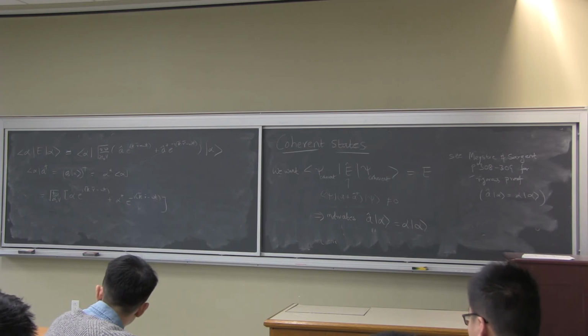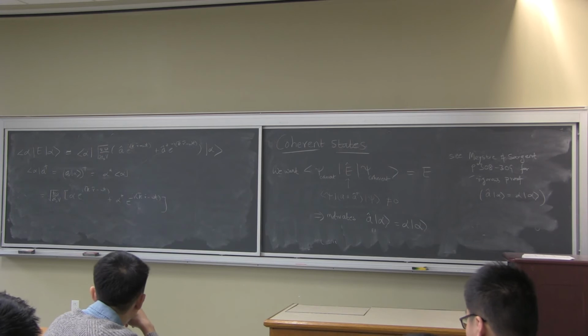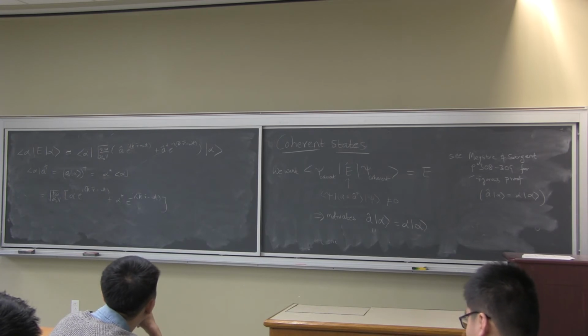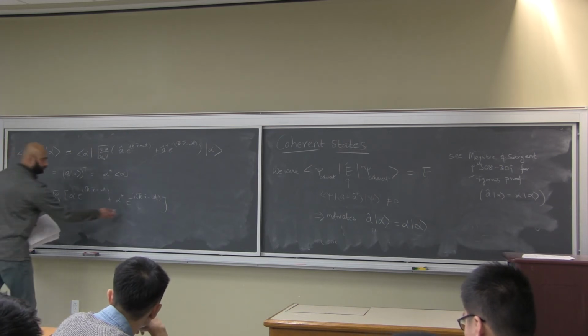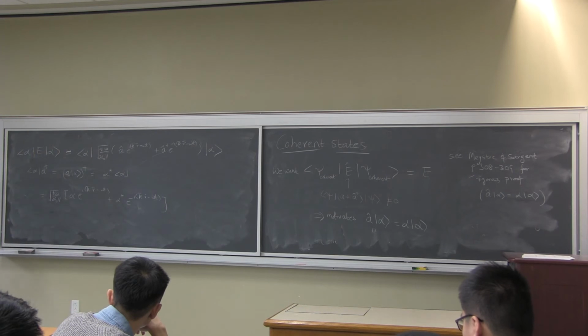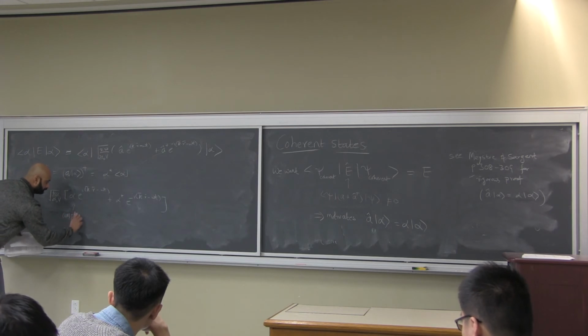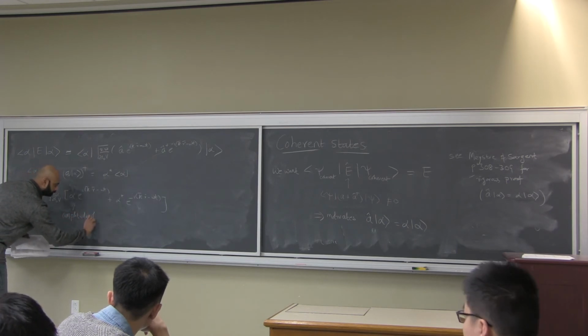That means we are essentially making the quantum field into a classical field. When you have a classical field, A and A dagger can be almost the same as alpha and alpha star, the amplitudes of the electric field.